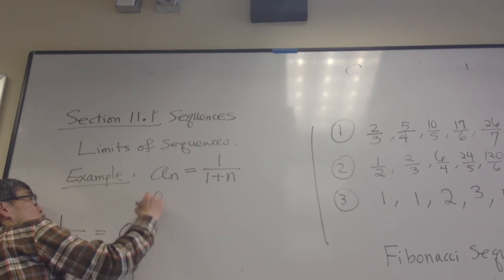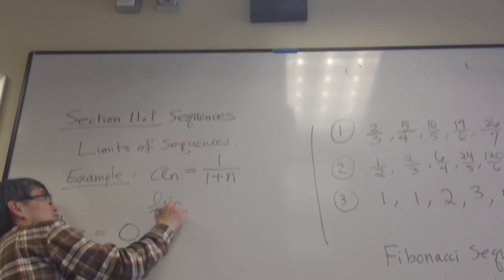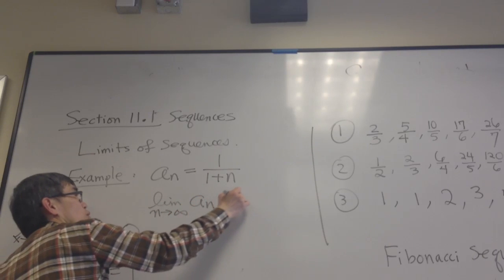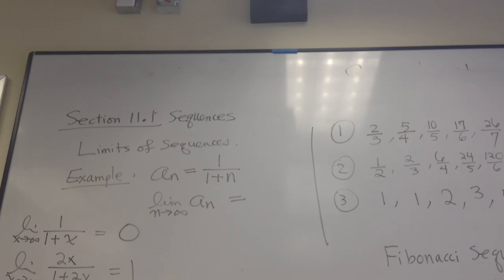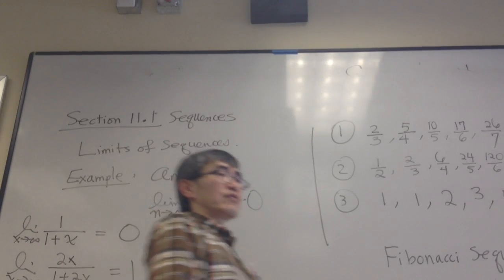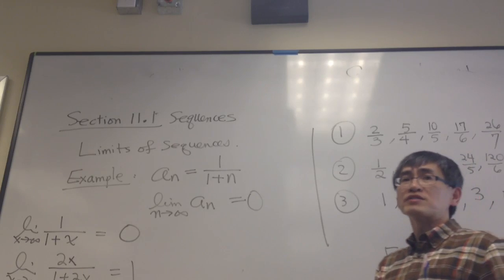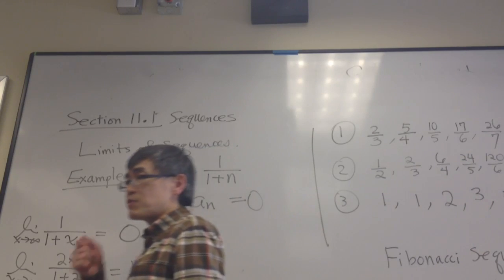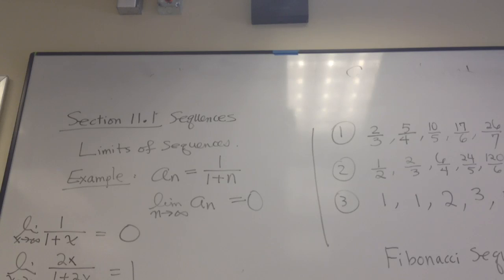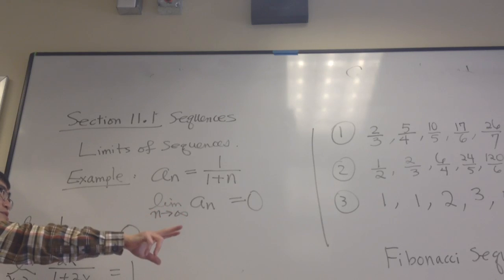Then use your intuition. If I say the limit as n goes to infinity of a_n, what would you say this one is? 0. Because if you talk about that sequence where the nth term is 1 over 1 plus n, then if n keeps growing and growing, what's the tendency? Do the individual terms approach something? The answer is yes, it approaches 0.